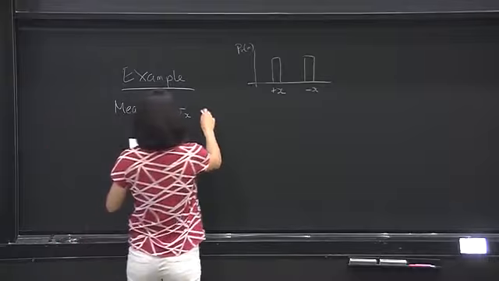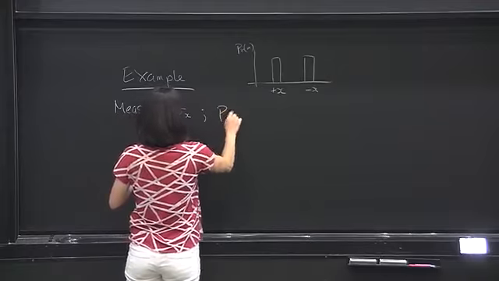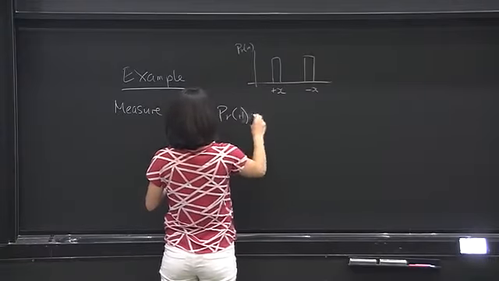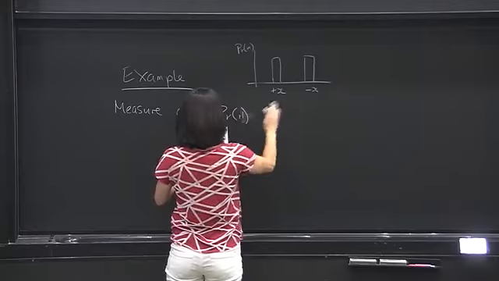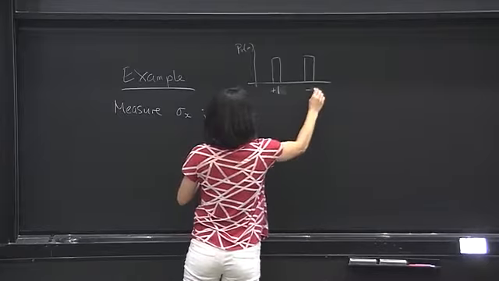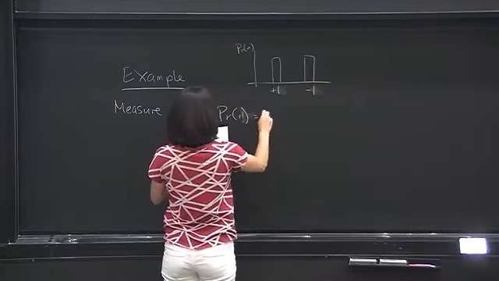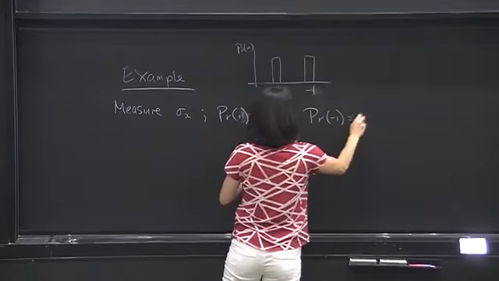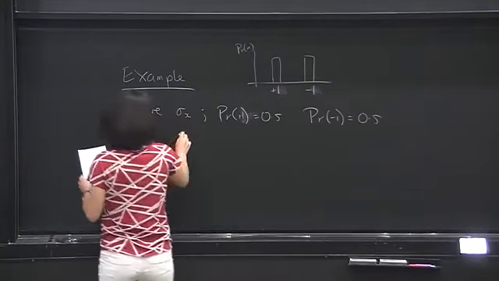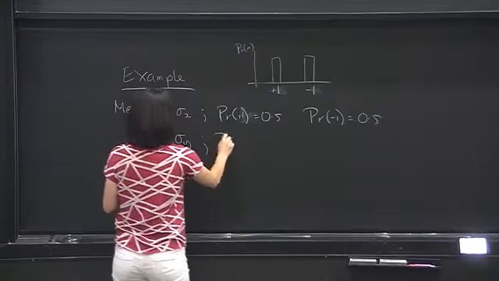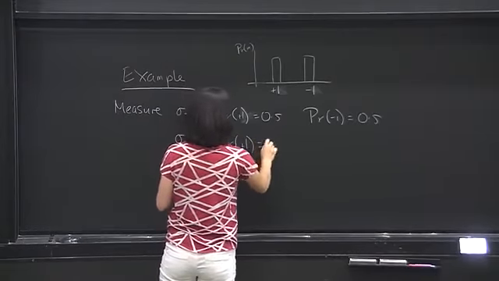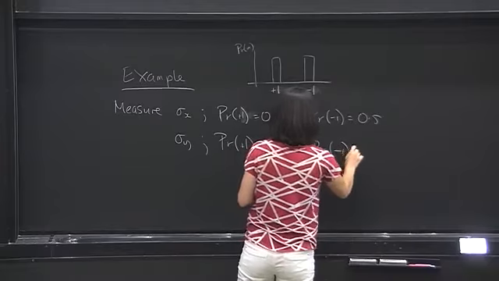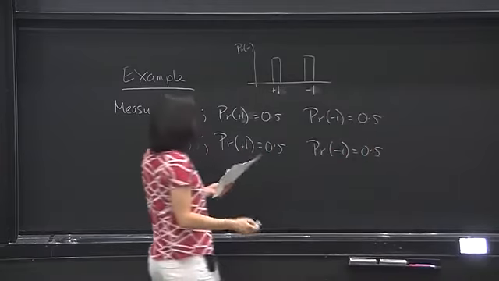So the probability of getting plus 1 is 0.5. And then I measure in the sigma y basis, and I also get 0.5, 0.5.